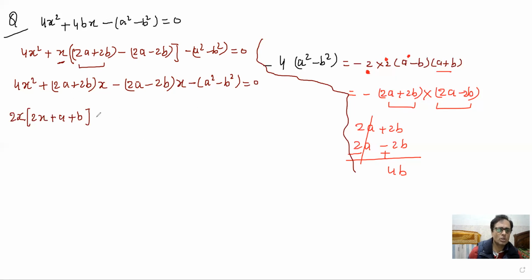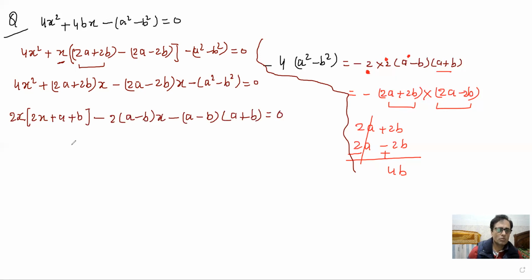That will be one more step, but to clear your concept I am writing again. So 2 is common, I am taking 2, and after taking 2 common, a minus b, and here was x, and that can be written a square minus b square, a minus b into a plus b, that is equal to 0.